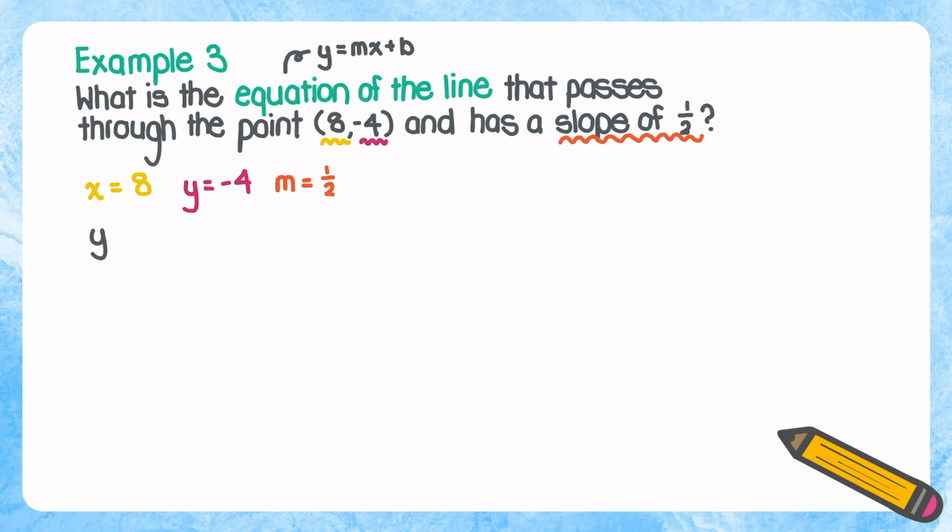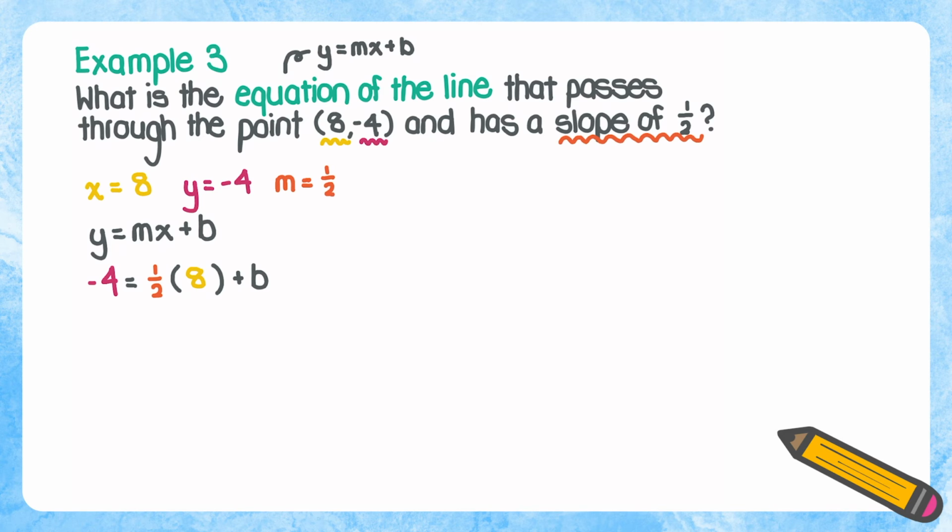Let's plug these into the equation of a line, y = mx + b. So I have -4 equals the slope 1/2, times 8, which is our x value, and then plus b.